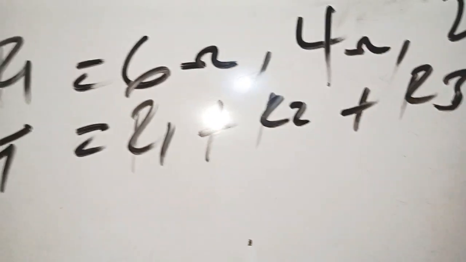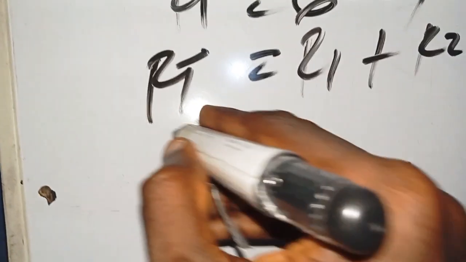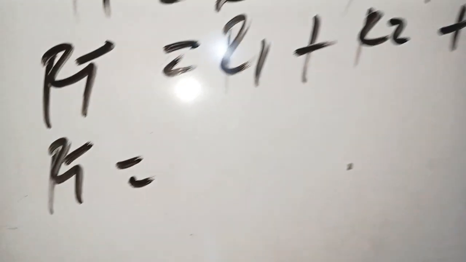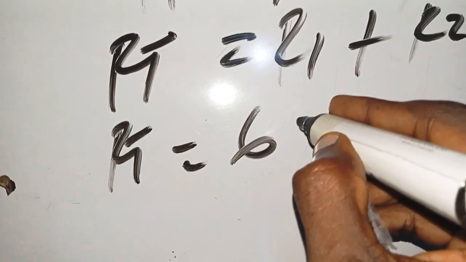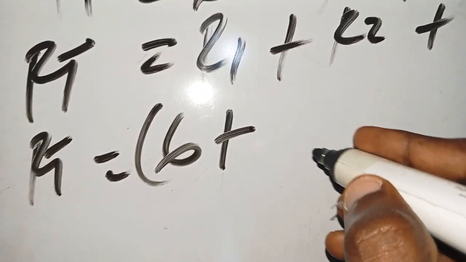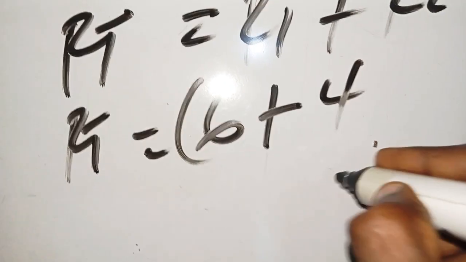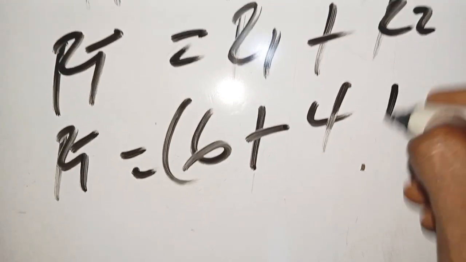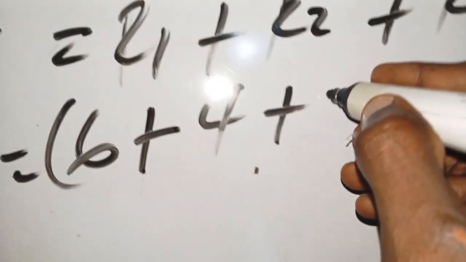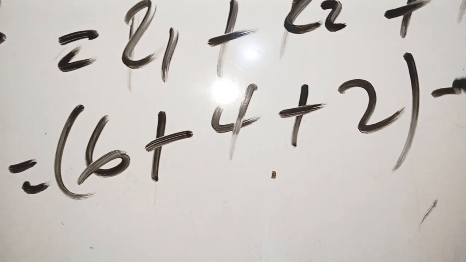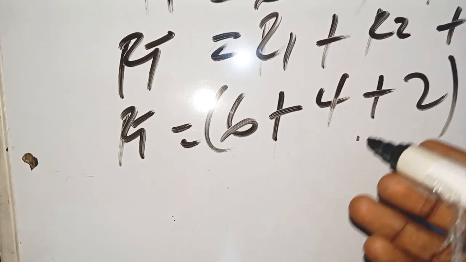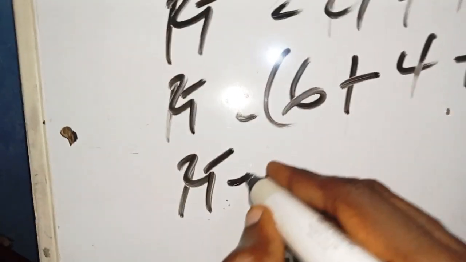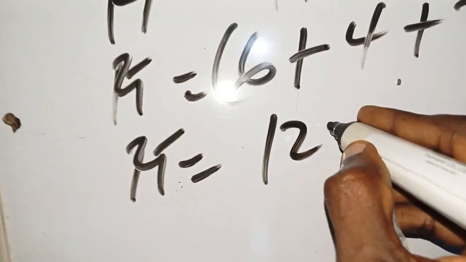So RT is equal to 6 plus 4 plus 2, giving us ohms. 6 plus 4 is 10, plus 2 is 12. So our RT is equal to 12 ohms.